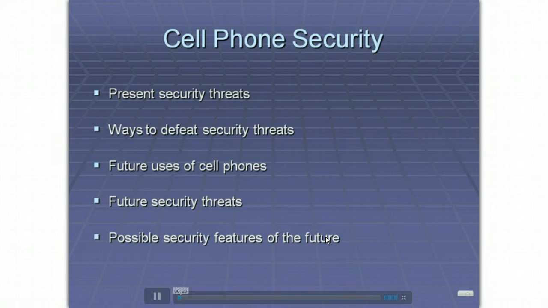Web security threats, ways to defeat those threats, some future uses of cell phones, which isn't all that futuristic, but just things that aren't really mainstream yet in the States versus Japan, which everything I was reading says they're about 5 years ahead of us, which is about right with just about everything electronic, it seems like.